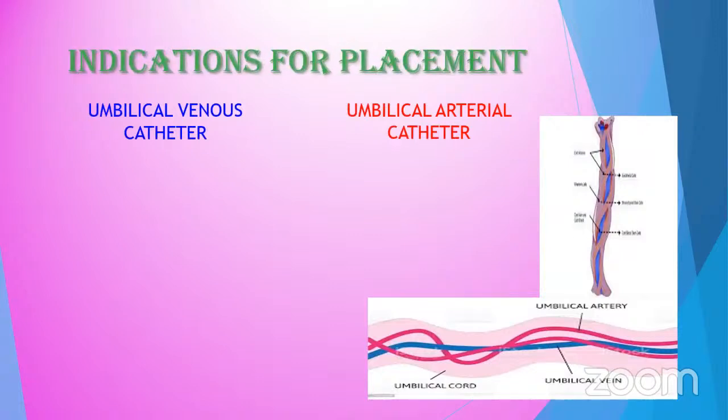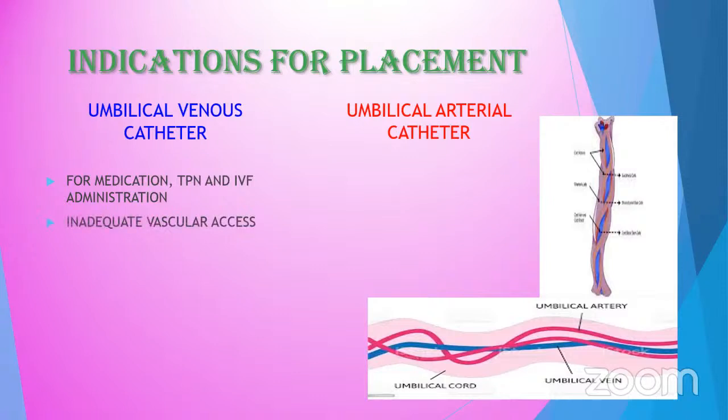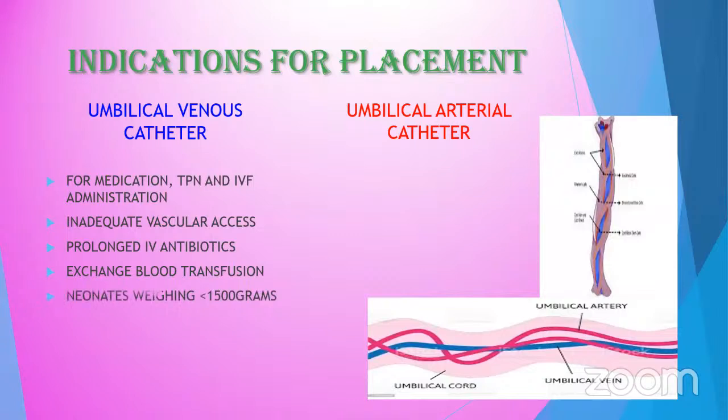So we can differentiate the indications for placement of UVC and UAC. For umbilical venous catheter, we need this UVC for administering of medication, TPN, and IV fluids. If there is inadequate vascular access, we need to give prolonged IV antibiotics, and for exchange blood transfusion.